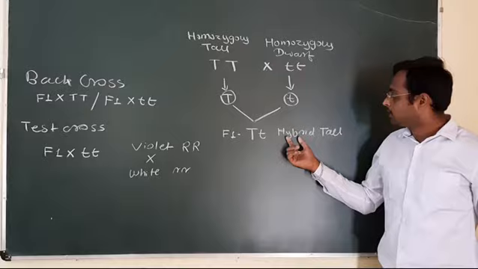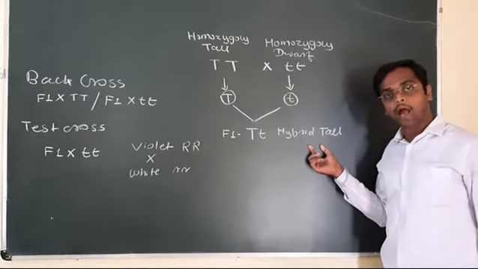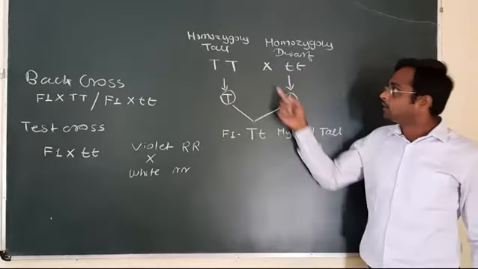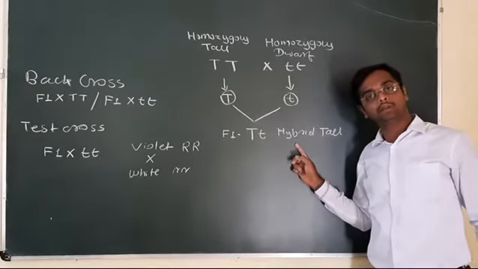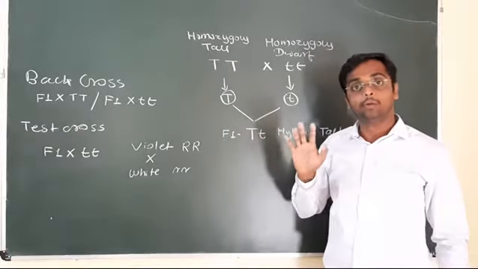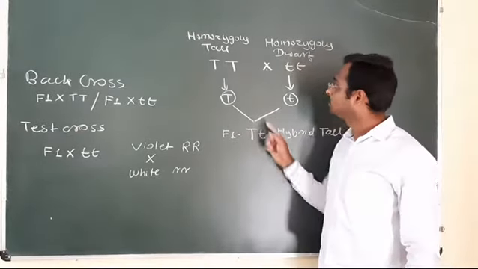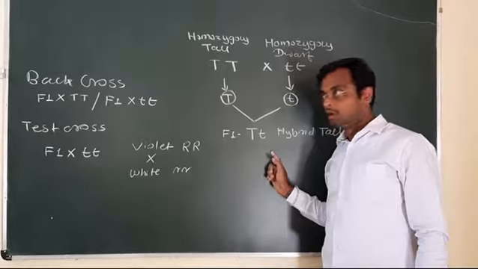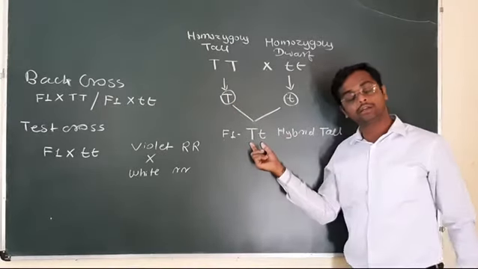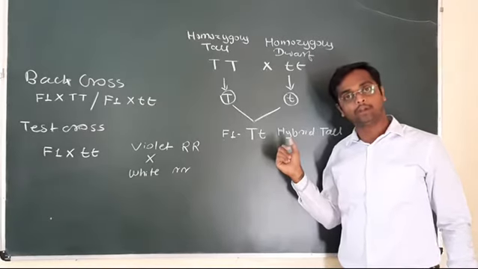Likewise, the hybrid tall is expressed as tall. This tall and this tall look very similar. Externally we can say this is a tall plant, but genotypically both plants are different. This plant is homozygous, capital T capital T. This plant is heterozygous, capital T small t.